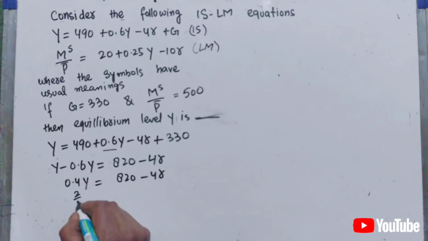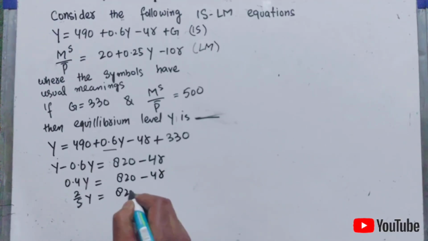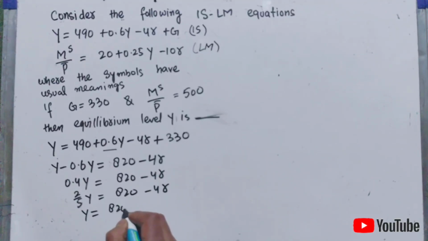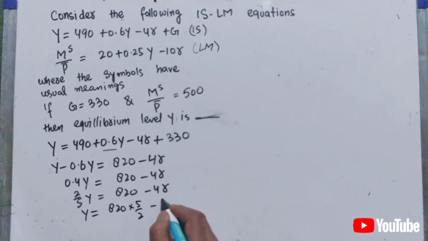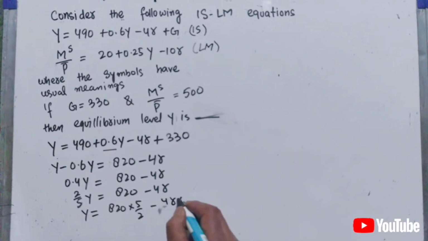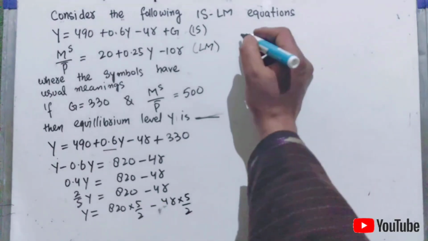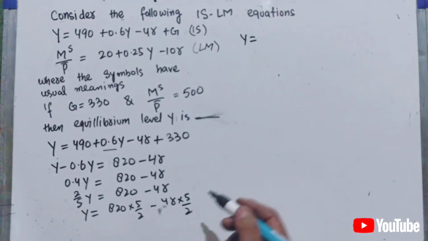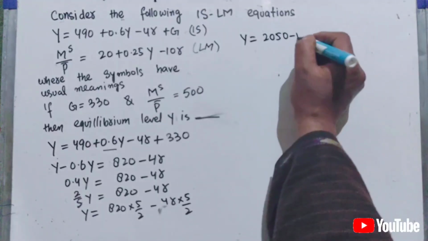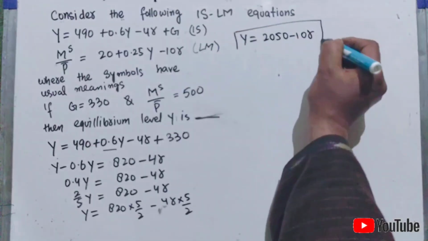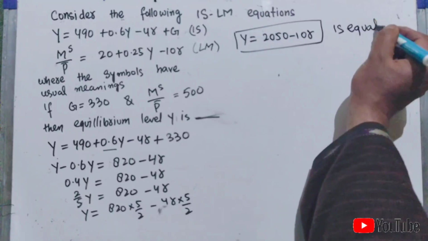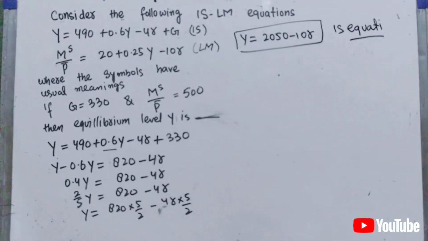This becomes 2 upon 5 y is equal to 820 minus 4r, or y is equal to 820 into 5 upon 2 minus 4r into 5 upon 2, which gives us y is equal to 2050 minus 10r. This is our IS equation in reduced or simplified form.